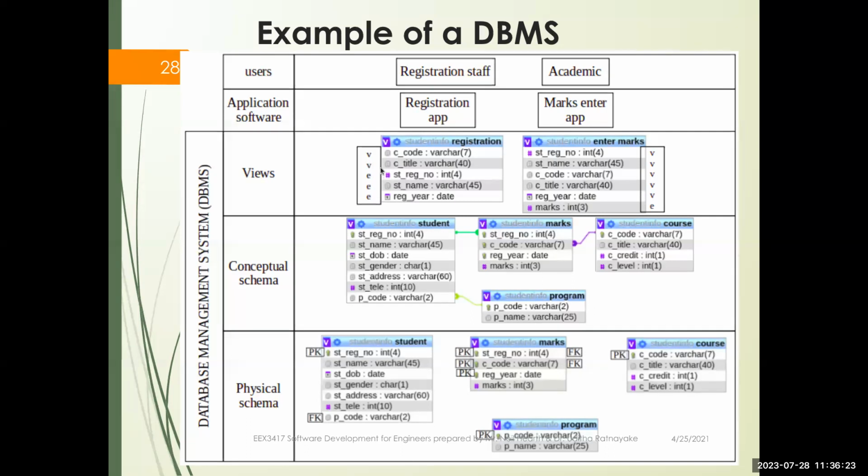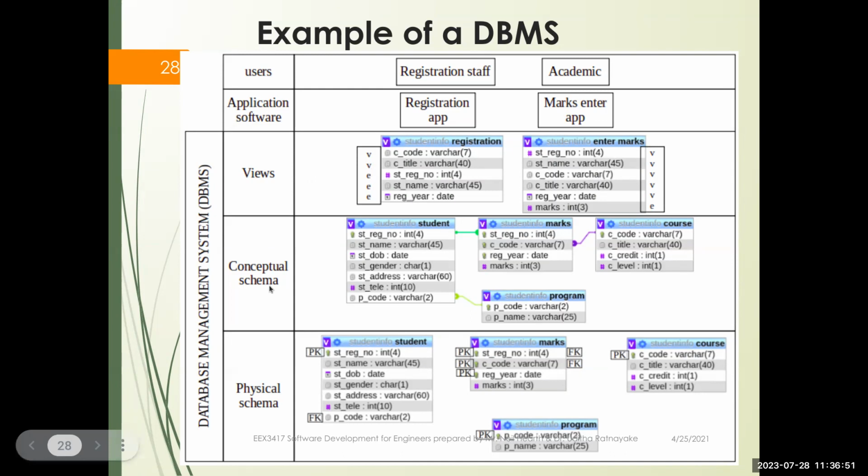They can only view course code and course title. For the marks entry application, student registration number, student name, and course code are only viewable. They can't edit those. Only marks can be edited. Okay, that is the view.